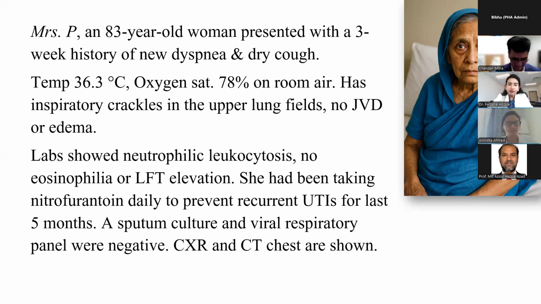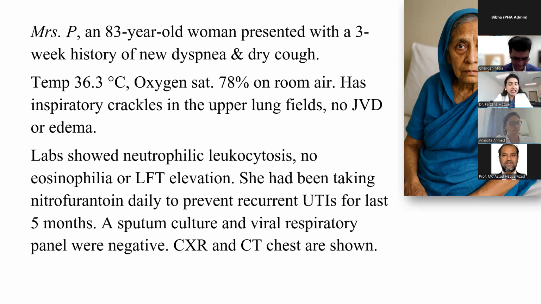Your lab showed neutrophilic leukocytosis, no eosinophilia or LFT elevation. She had been taking nitrofurantoin daily to prevent recurrent UTI for the last 5 months. You ordered a sputum culture and viral respiratory panel. Both of them came back negative.